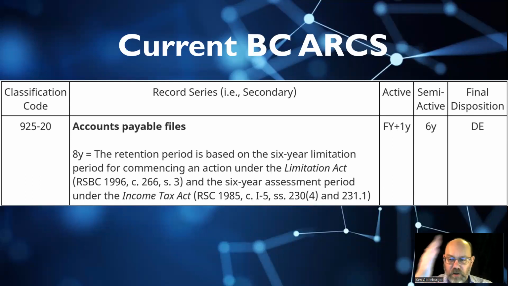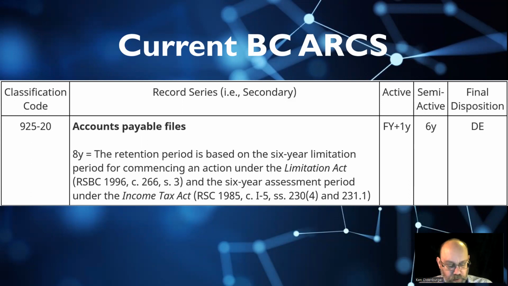And I'm going to walk kind of through those 4 steps. Even though we see 3 columns here, the first step is really getting that classification code applied to a new and active file folder. All right, so in this case, we have our lovely accounts payable files. This is made a return.